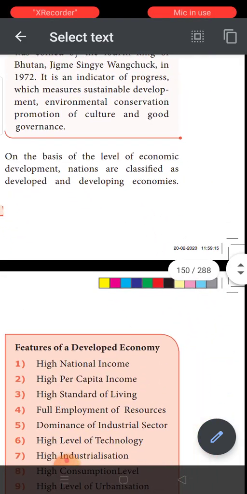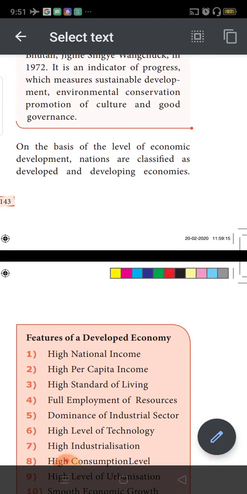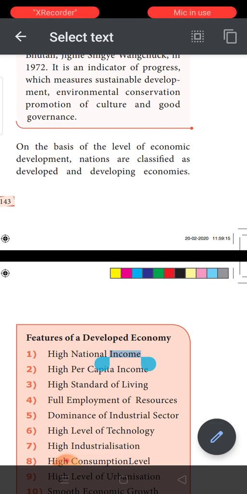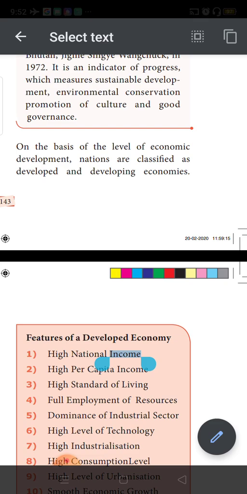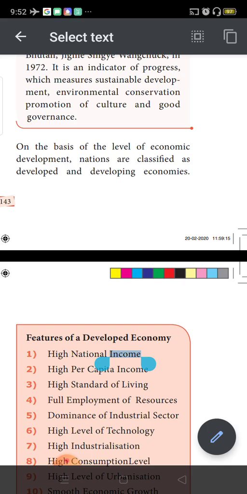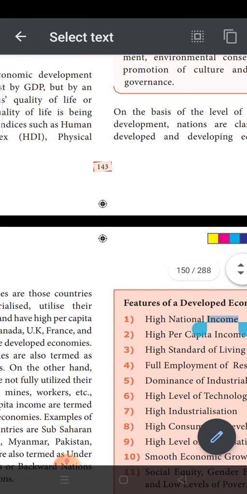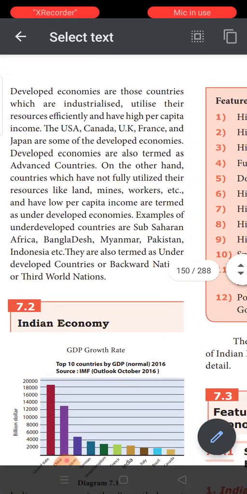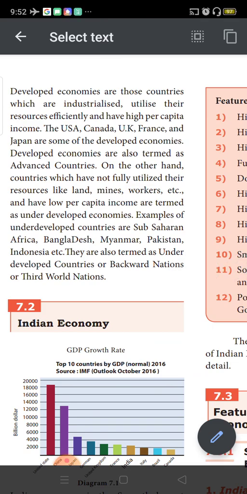Now we'll be learning about how economic development is taken as a criterion for classifying the countries of the world. See, based on the level of economic development, countries could be classified into two categories. One is developed countries, the other is developing countries. Which countries do you call developed countries?